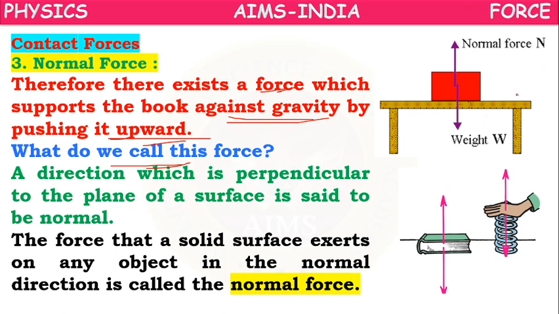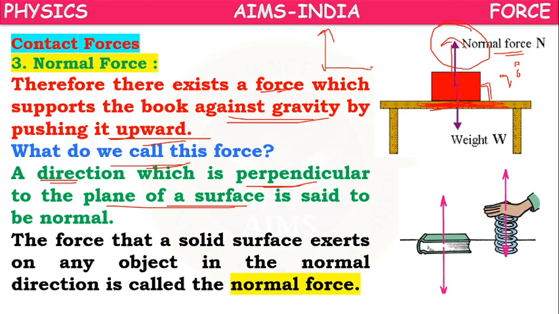Here, the table is the support for the book, and this is the plane of contact. A direction perpendicular to the plane of the surface is said to be normal. Perpendicular means a 90 degree angle between this line and the plane of contact.